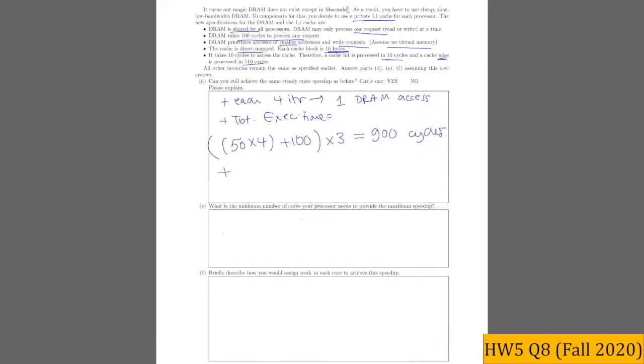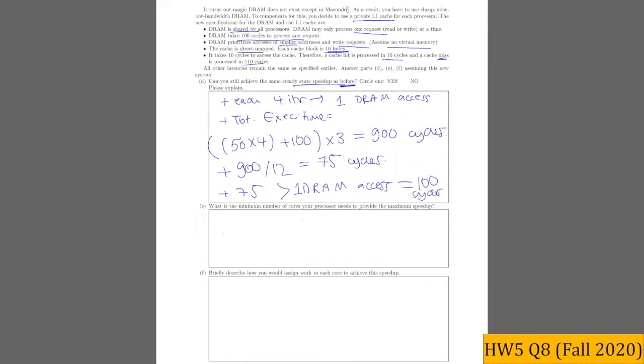So if we want to have basically the same speedup as before, then we need to have 12 times the speedup. So each iteration needs to take 75 cycles. That's not going to work because 75 is more than the 1 DRAM access that needs to happen in each 4 iterations, which is 100 cycles.